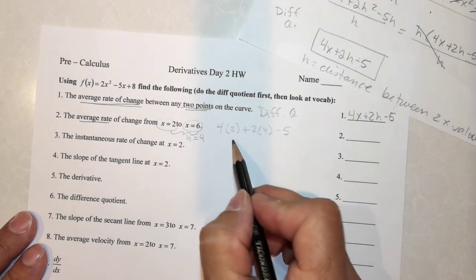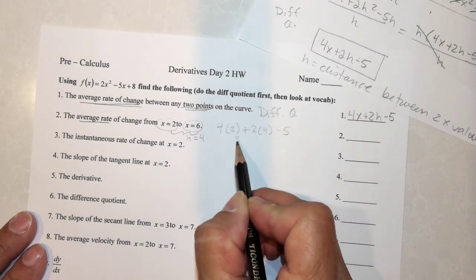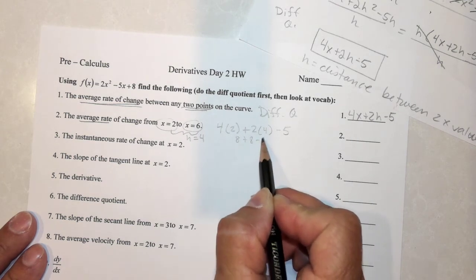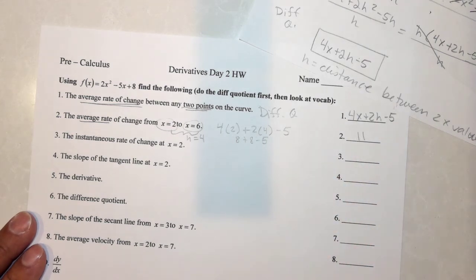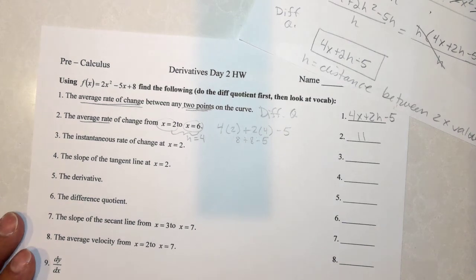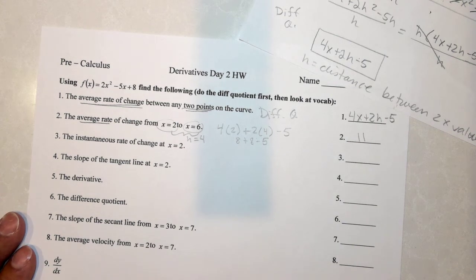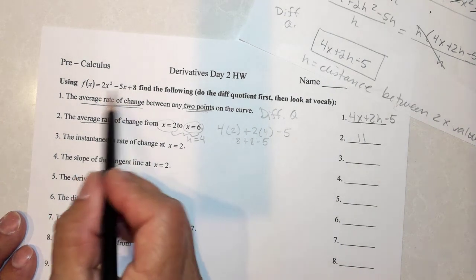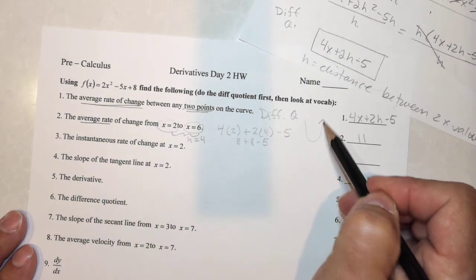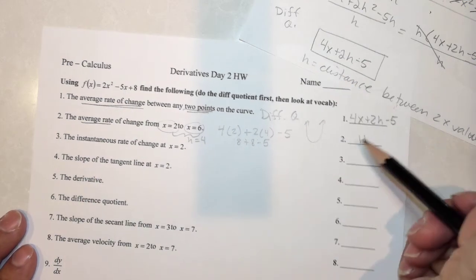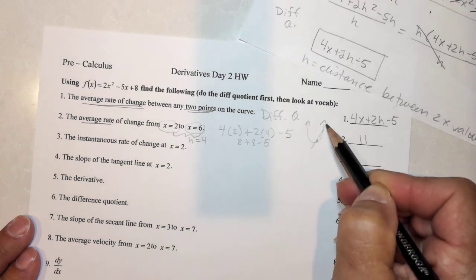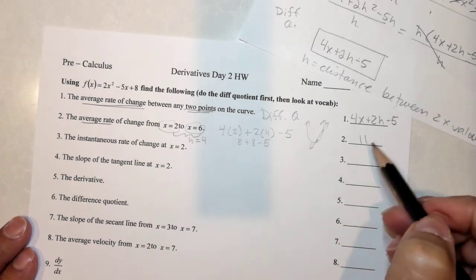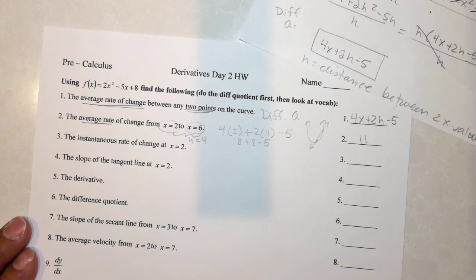So that's going to be 8 plus 8, which is 16, minus 5. So the average rate of change from 2 to 6 is going to be an 11. Which means if I drew this graph, and this graph's a parabola, and I went from x is 2 to x is 6, the line passing through those 2 points would have a slope of 11.